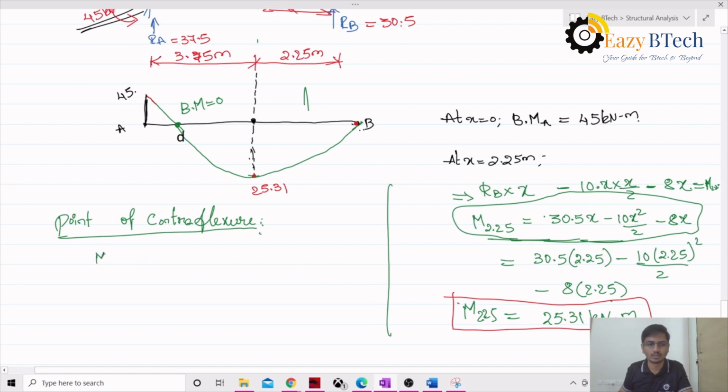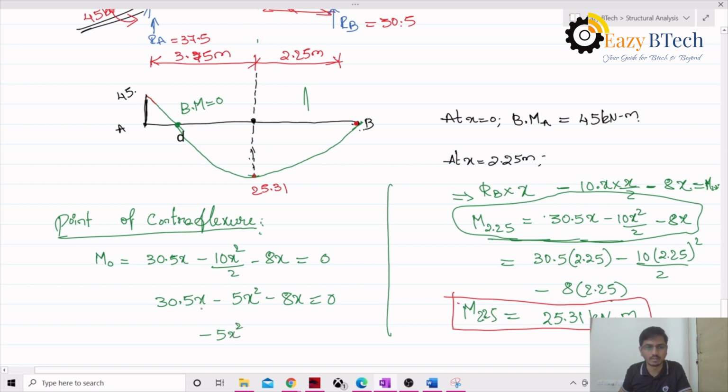So here M equals 30.5x minus 5x square by 2 minus 8x, that should be 0. Solving this, 30.5x minus 8x gives 22.5x minus 5x square, that equals 0.